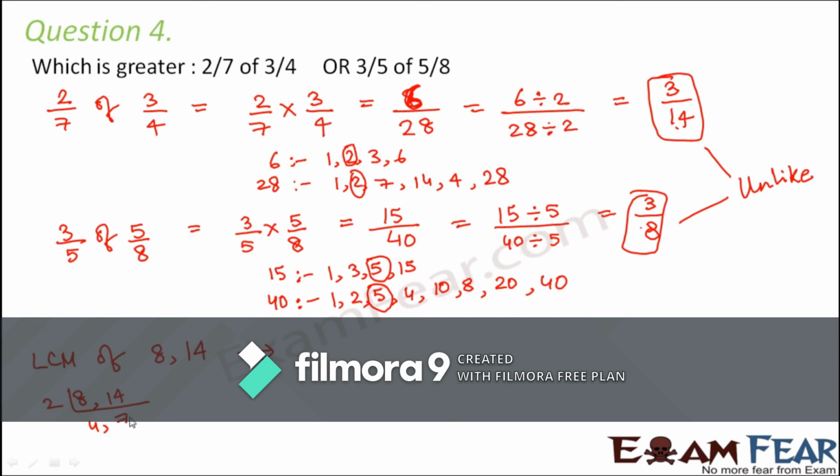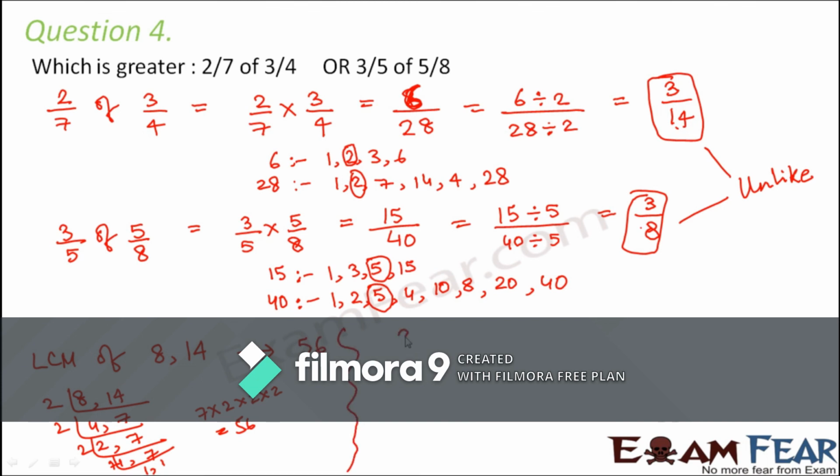So let's say 8 and 14, 2 4s are 8, 2 7s are 14, 2 2s are 4, this is 7, 2 1s are 2, this is 7, and then 7, 1, 1. So basically the LCM would be 7 into 2 into 2 into 2, which is equal to 56. 7 2s are 14, 14 2s are 28, 28 2s are 56. So LCM of 8 and 14 is 56.